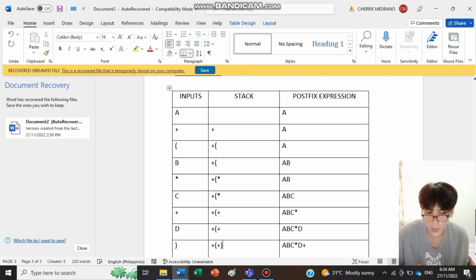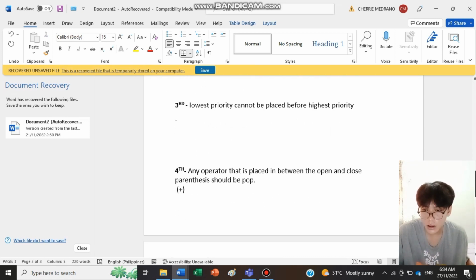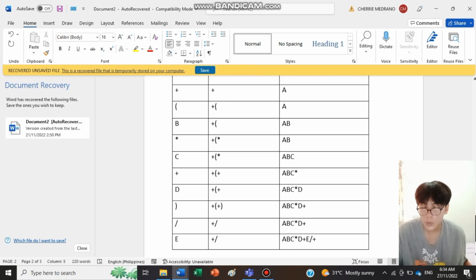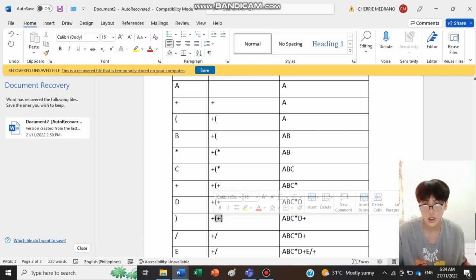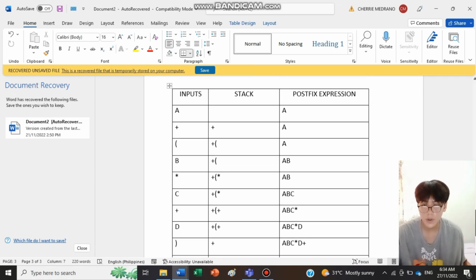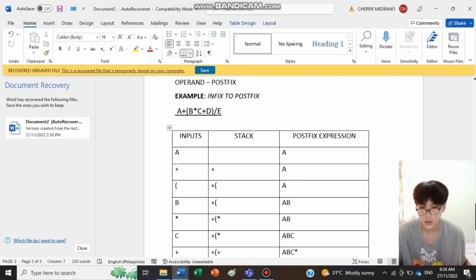In our fourth rule, any operator that is placed in between the open and closed parentheses should be popped. Since the plus operator is placed in between the open and closed parentheses, we are going to pop this operator together with the parentheses. Then we paste the popped operator into our postfix string. So now in our postfix, we have A, B, C, times, D, plus. This is the plus that is now in our postfix expression column.